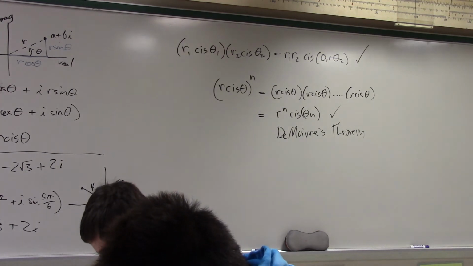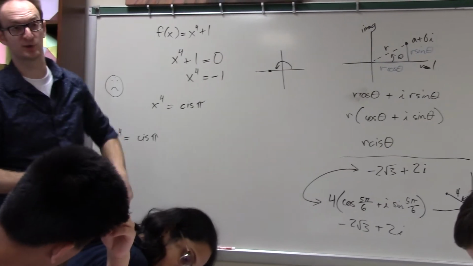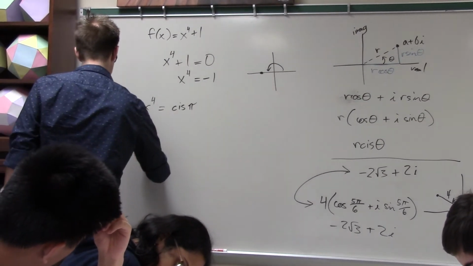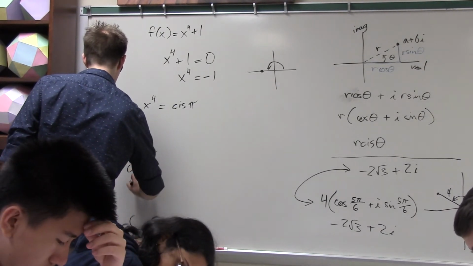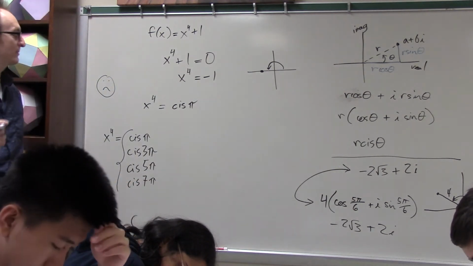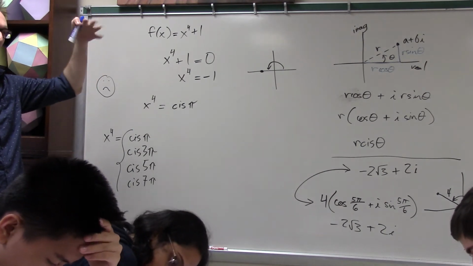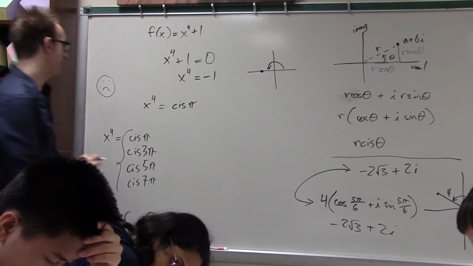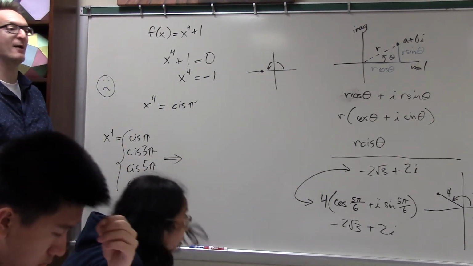I'm going to say x to the 4th is cis pi, but I could also go around the whole circle again and write it as cis 3 pi, and again as cis 5 pi, or cis 7 pi. These are all the same, because pi, 3 pi, 5 pi, and 7 pi are all coterminal. And then you raise both sides of this to the 1/4 power.